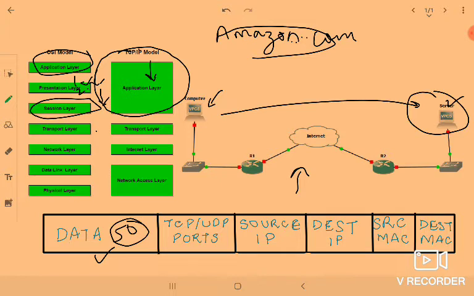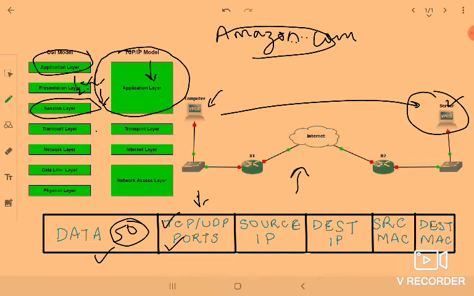The transport layer will insert its own header in front of the data, right? And there are two choices made over here. Either a TCP or a UDP protocol will be chosen, and the second choice made at the transport layer is that of port numbers, right?